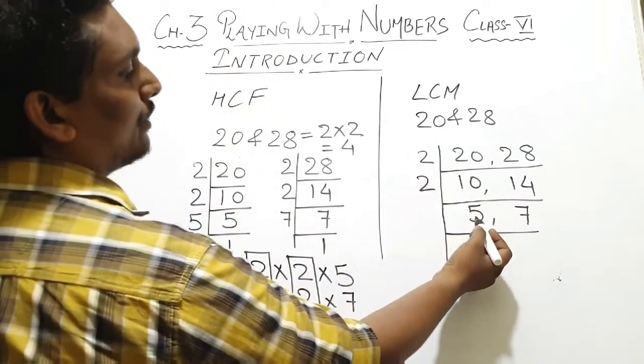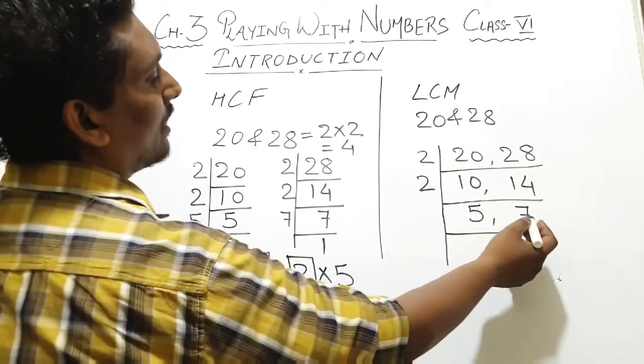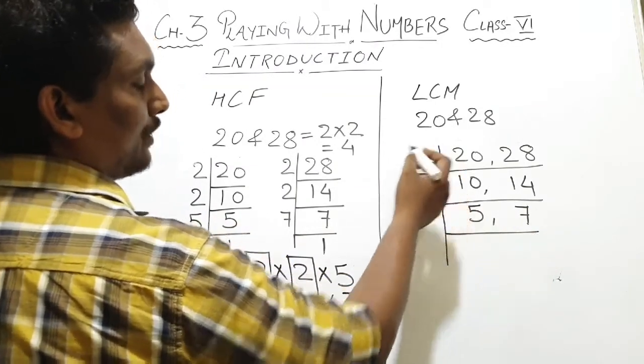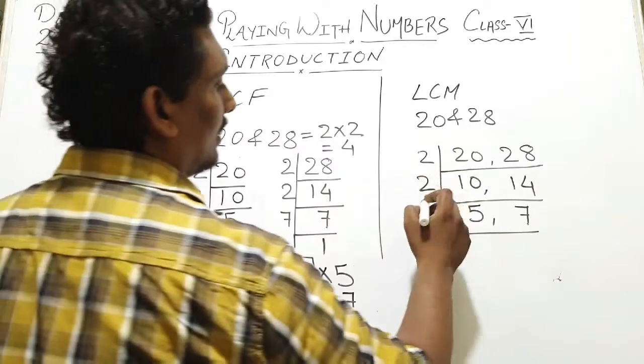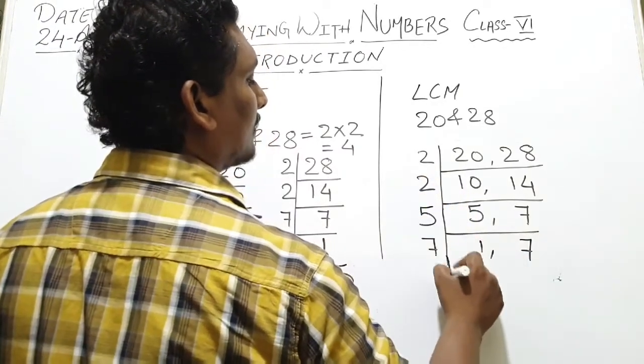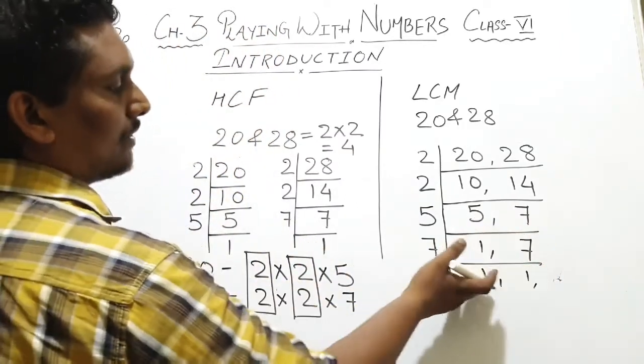Now if you want to divide this 5, that also you can do, or you can write 5, 7, 2 and 2. In that way also, for your concern, I'm just writing this. Basically it is not necessary because it is divisible by 1 only.